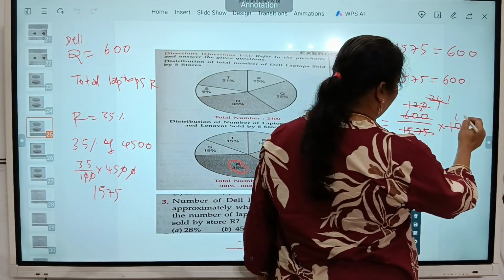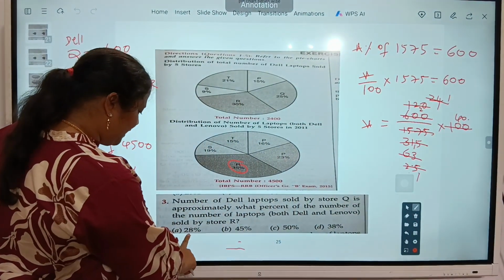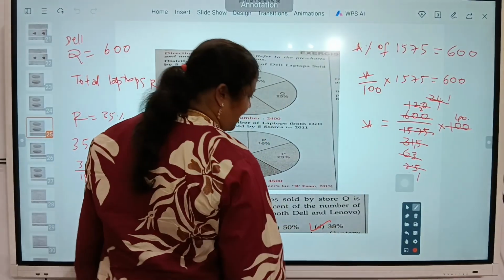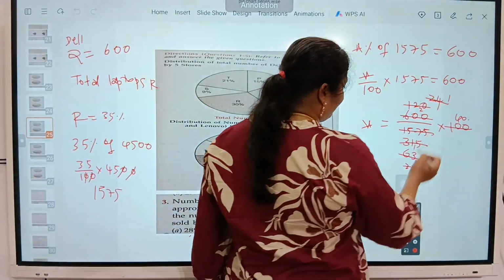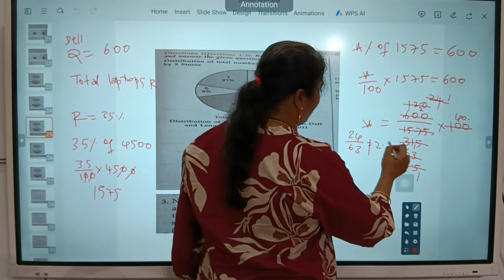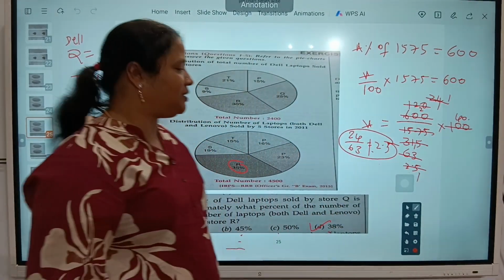So 28 is not the right answer, 45 is far away. So we will select 38 as the answer because we took an approximate value here. So we have to select the approximate answer.